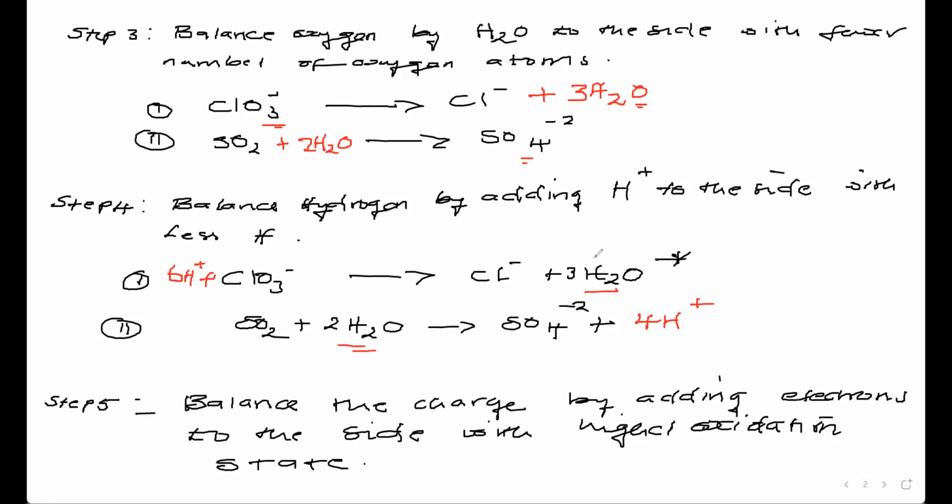Observe that on the product side, we have the total oxidation number, because here on chlorine, we have -1, on water, we have 0, so we have a total oxidation number of -1.